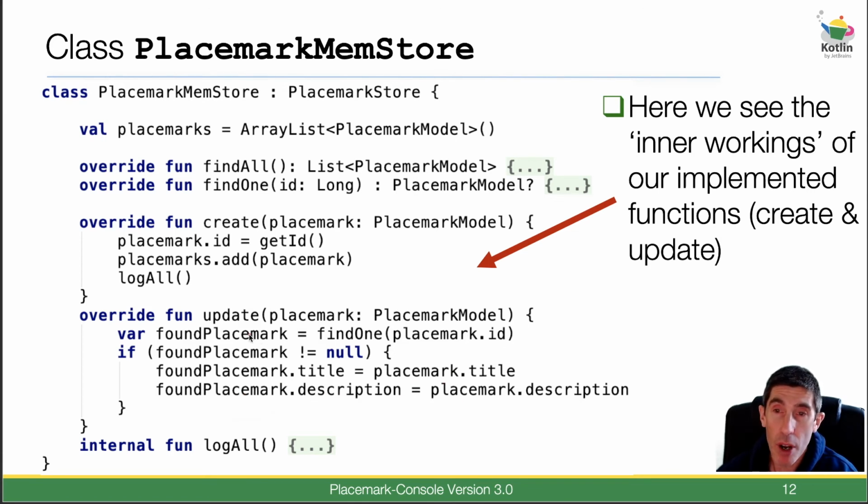And again, this is a reference, so this will be updated inside the placemarks array list. We will investigate those functions in more detail in the labs. As I said, I'm just trying to focus on some of the most important ones here in our code walkthrough. So that's looking at the create and the update.